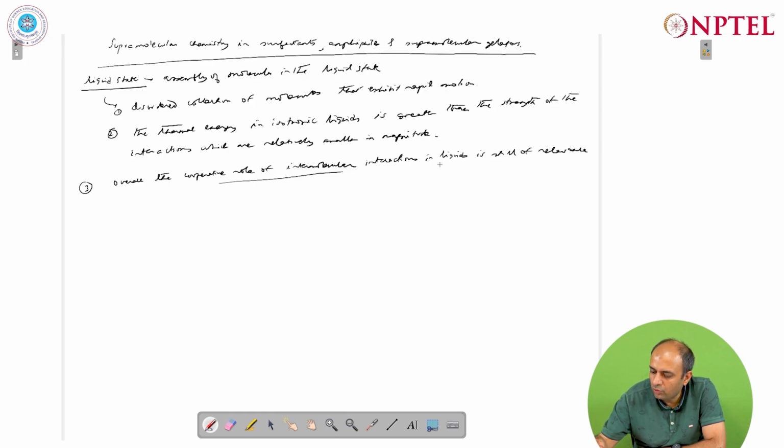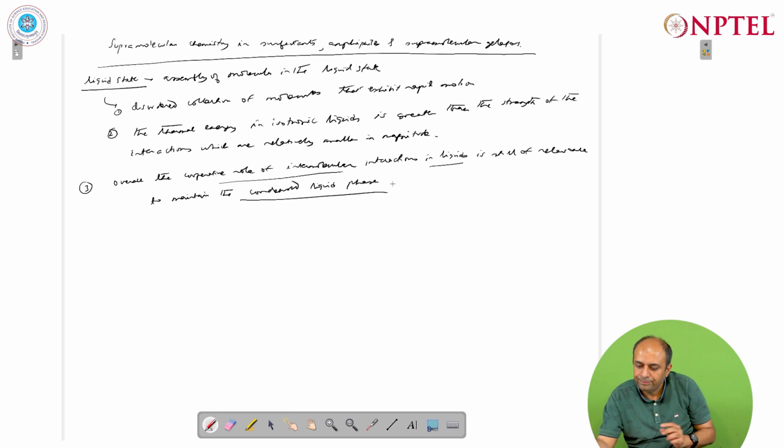The cooperative role of intermolecular interactions between the molecules in the liquid is still of relevance to maintain the condensed liquid phase. So we cannot ignore the role of intermolecular interactions in liquids, and they are relevant to maintain the condensed liquid phase.